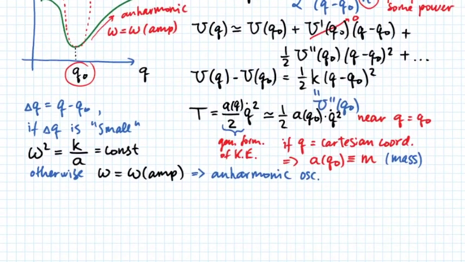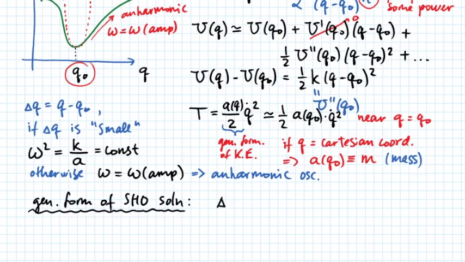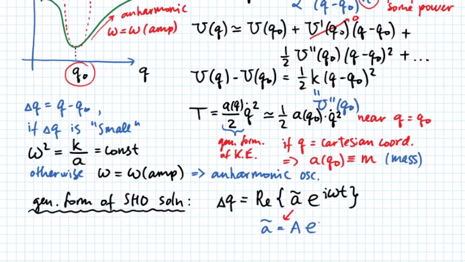The general form of solution for a simple harmonic oscillator we will write in complex notation. Delta Q will be given by the real part of complex valued constant A times e to the i omega t, where complex A is given as amplitude times e raised to the power of minus i delta.